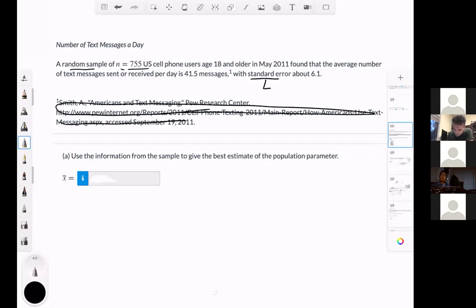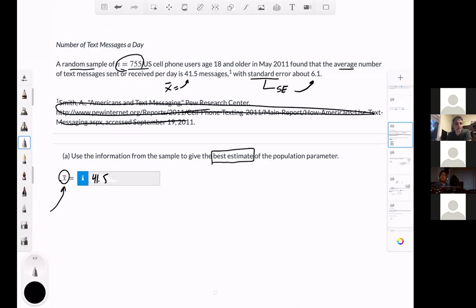So we have a standard error, 6.1. Average number of text messages. So here they said X bar, correct? Should I put X bar equal to 41.5? This is a statistic, correct? Because we're dealing with the sample. Use the information from the sample to give the best estimate. So what is the best point of estimate?